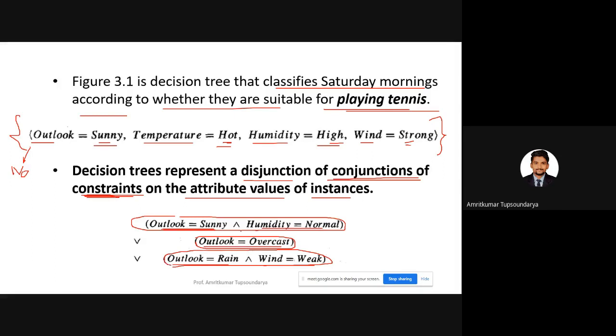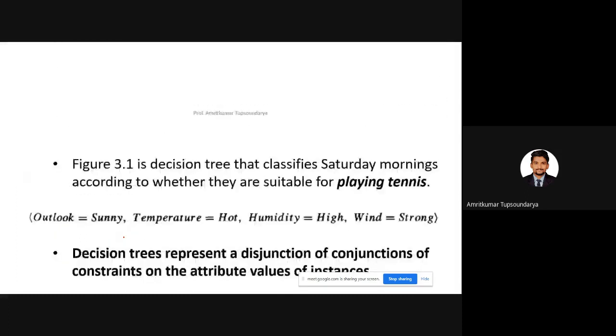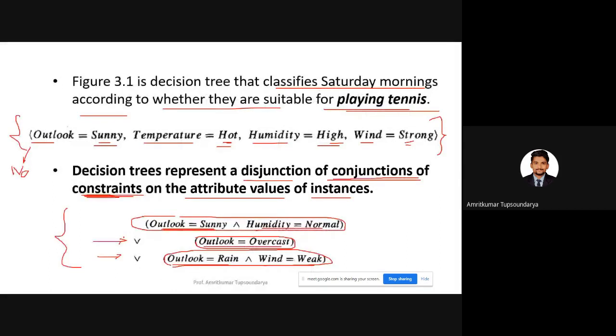Now these three conjunctions are disjuncted, right? As you can see, there is a disjunction symbol here. These three conditions are disjuncted. So this is what our whole decision tree would be representing. It's the same representation of a decision tree put in the form of an expression.